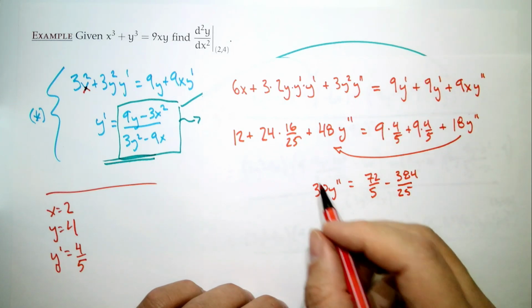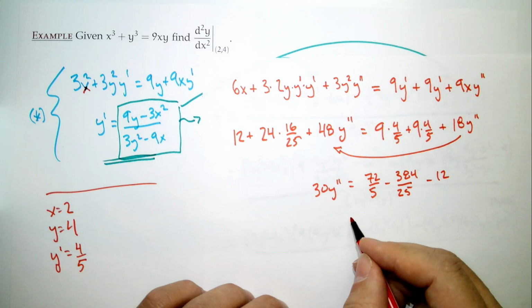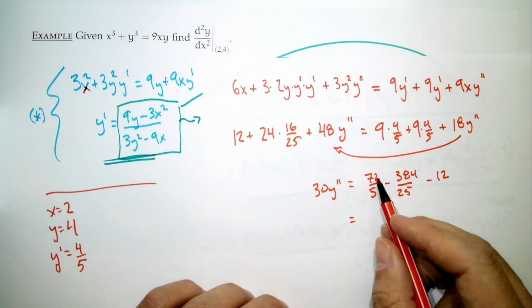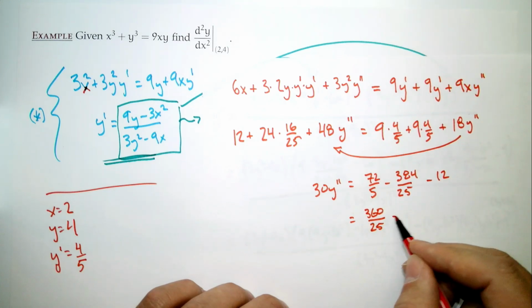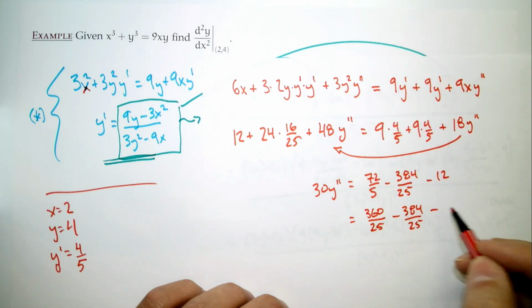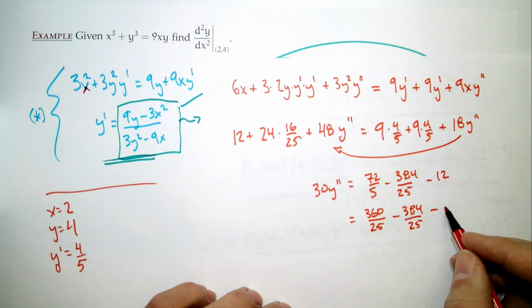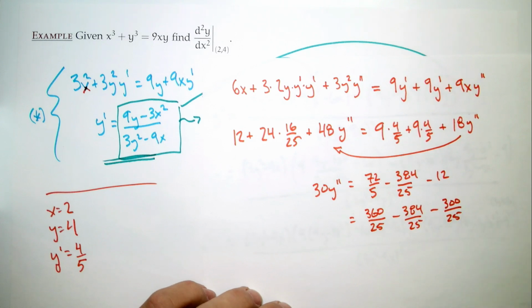And then minus 12. But, of course, we can clean this up. Multiply common number would be 5, so that would be 72 times 5. That one's easy. That's 360 over 25 minus 384 over 25. And then if we want to get 12 over 25, well, 12 times 25 is, I think, 300 over 25.